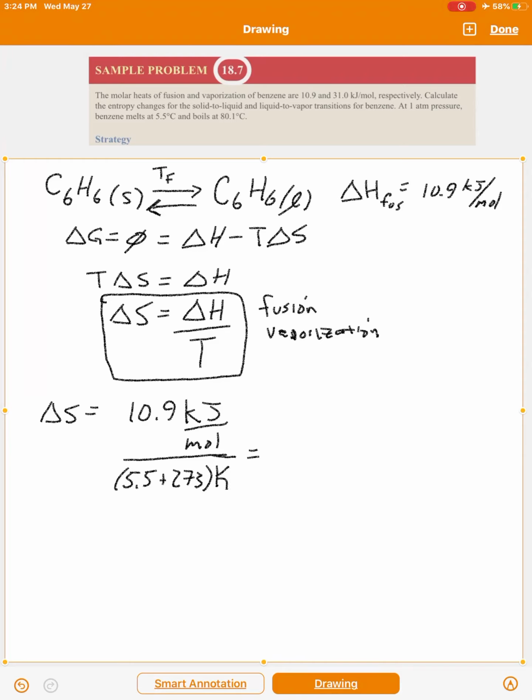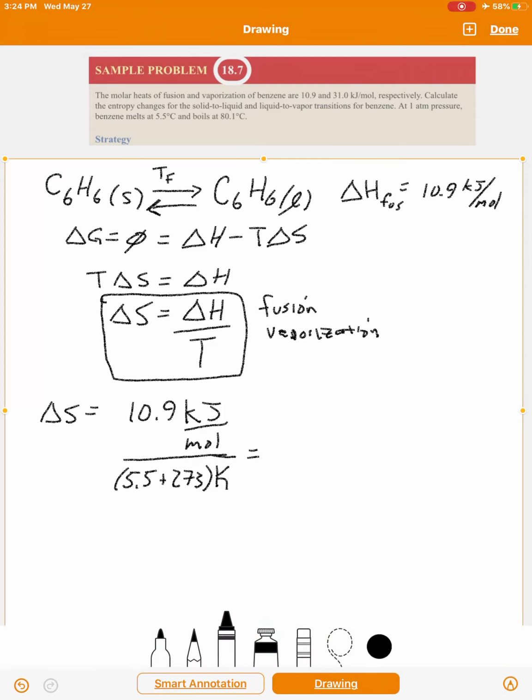Okay? Now, actually, let me point out that typically entropy values are reported in joules per Kelvin mole. So I'm just going to multiply this by 1,000 joules per kilojoule just to get it out of kilojoules and into joules.